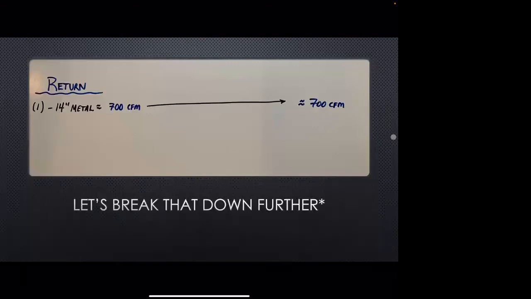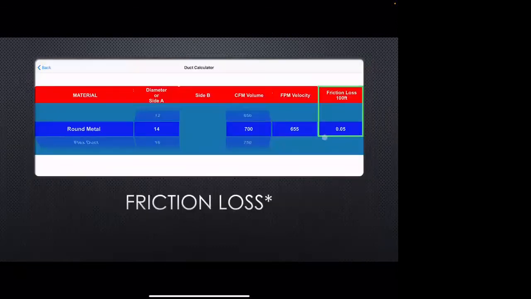So we're going to break down the return side as well. We have a 14-inch metal. It's 700 CFM. And we're going to use a friction loss on the return side, rule of thumb, to start off with, of 0.05. So that's the second number you need to remember when we're looking at friction loss on the return side: 0.05.